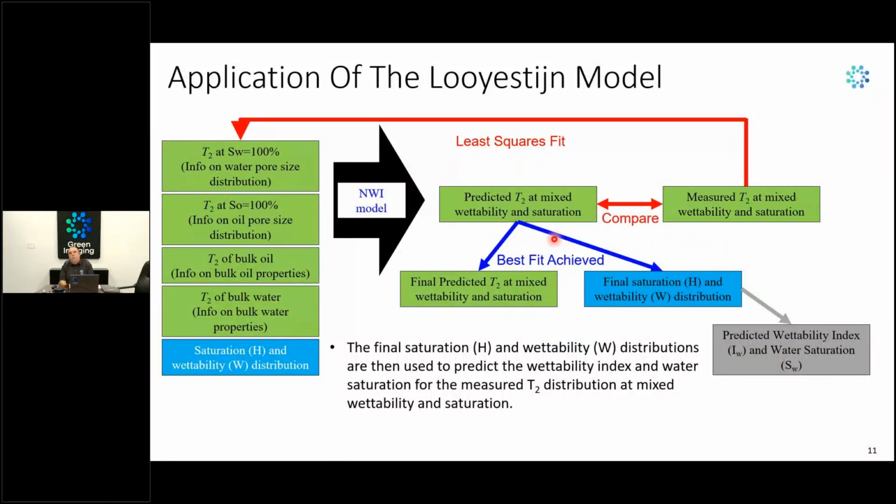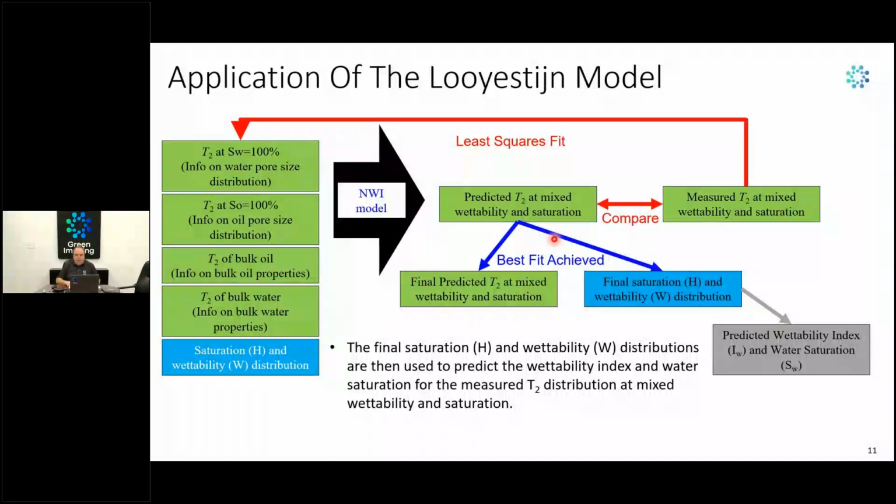We do this fitting routine, and we've always recorded the 100% oil saturated and 100% water saturated T2 distributions from the same sample that I'm using to get my mixed wettability T2 distribution, and I compare this in this least squares method, and I'm always getting a new wettability index and a new saturation all the time.